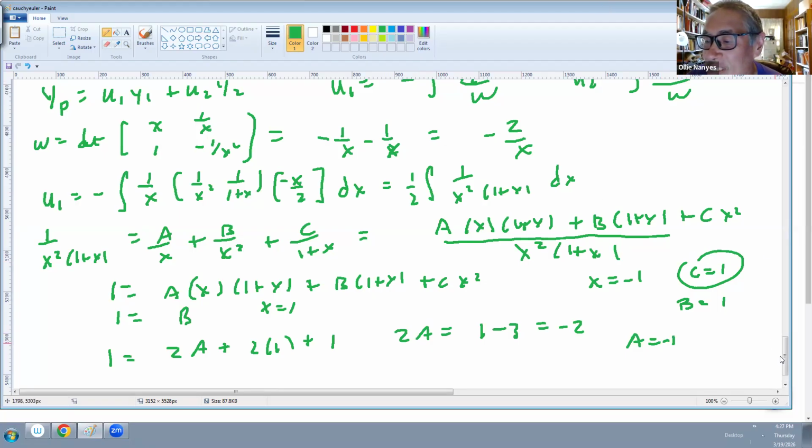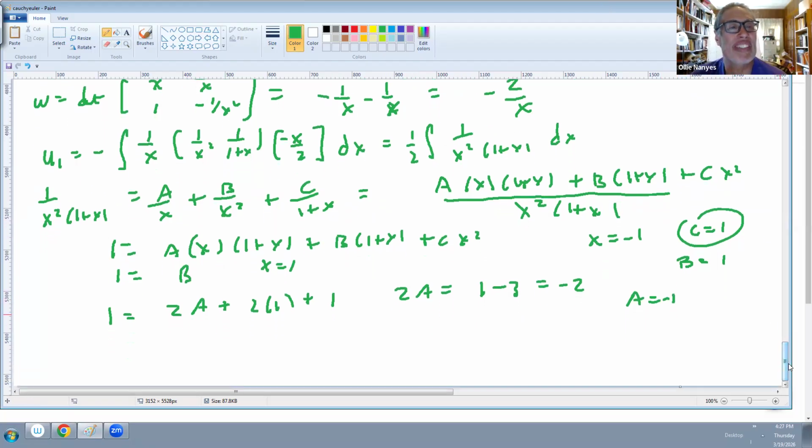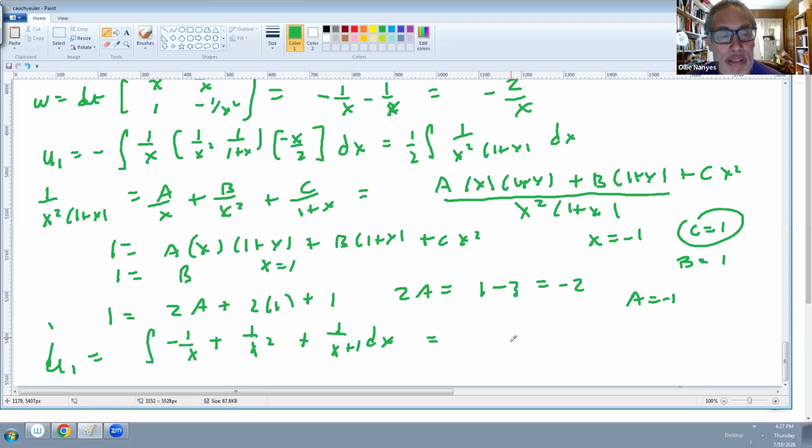So finally, we get the integral. Your u1 is going to be the integral of -1 over x plus 1 over x squared plus 1 over x plus 1, which works out to be negative log absolute x.